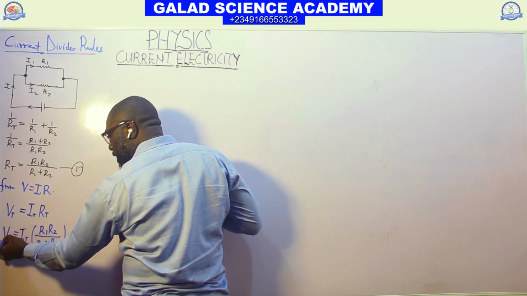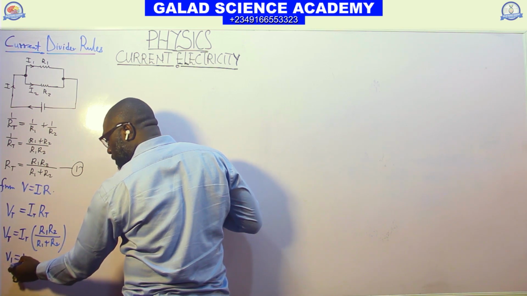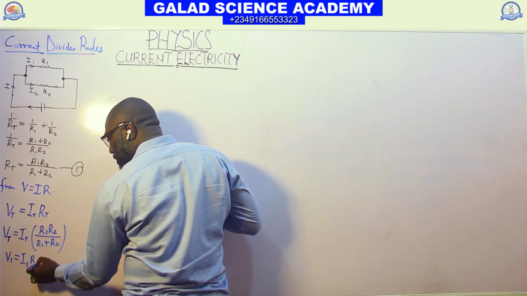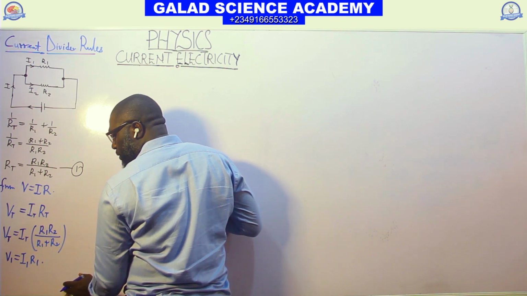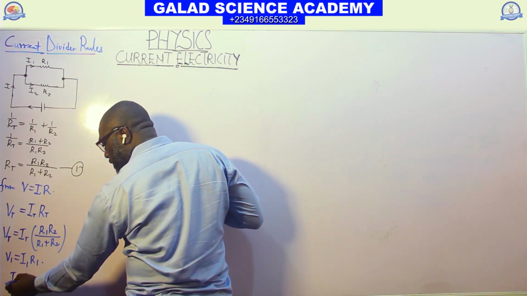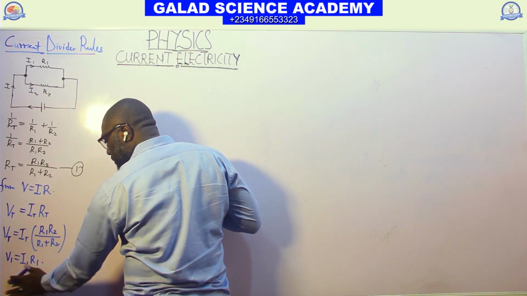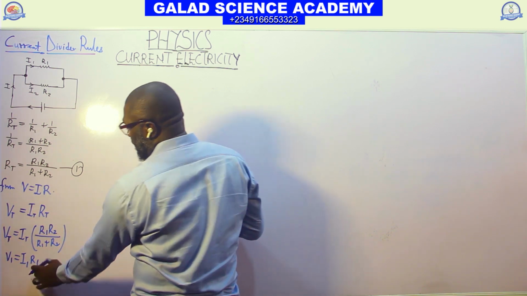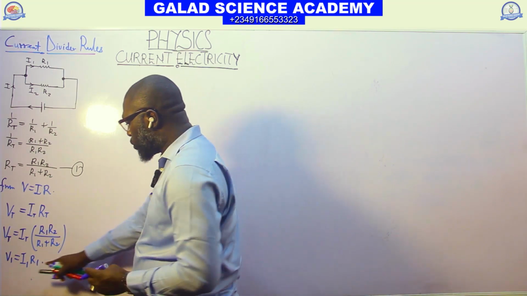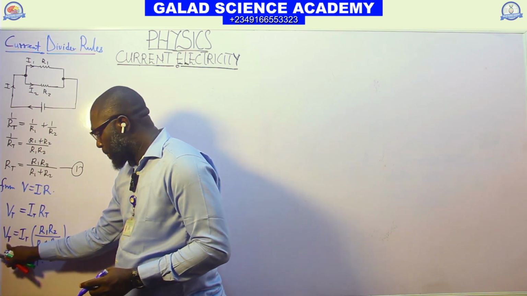V1 equals I1 R1. So from this expression, I1 will be V1 over R1. Now substitute for V1 the voltage we have here.